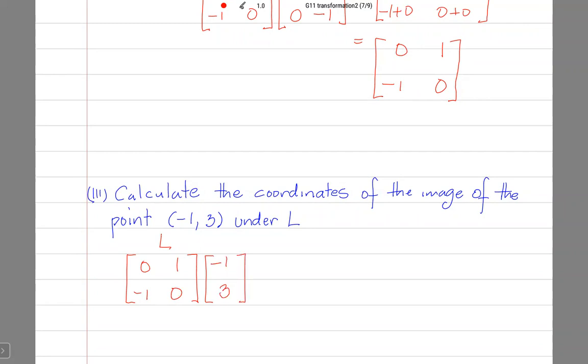Can somebody tell me what will happen to the point when I apply this matrix to it? Now, first of all, you don't have to know, you could just simply multiply them and get the answer. But can anybody tell me what will happen to this point when L is applied to it? Anybody want to try?